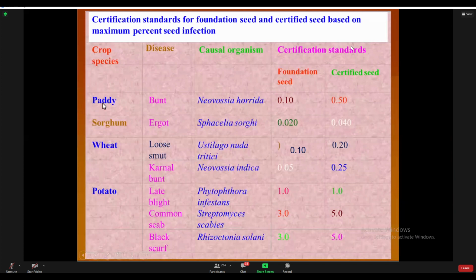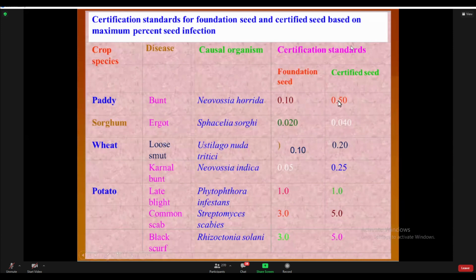So you see here for paddy, that is for rice, if the disease is blast, for example, its certification standard for foundation seed is 0.1%, and the certification standard for certified seed for rice, when we're talking about the blast disease, is 0.5%.